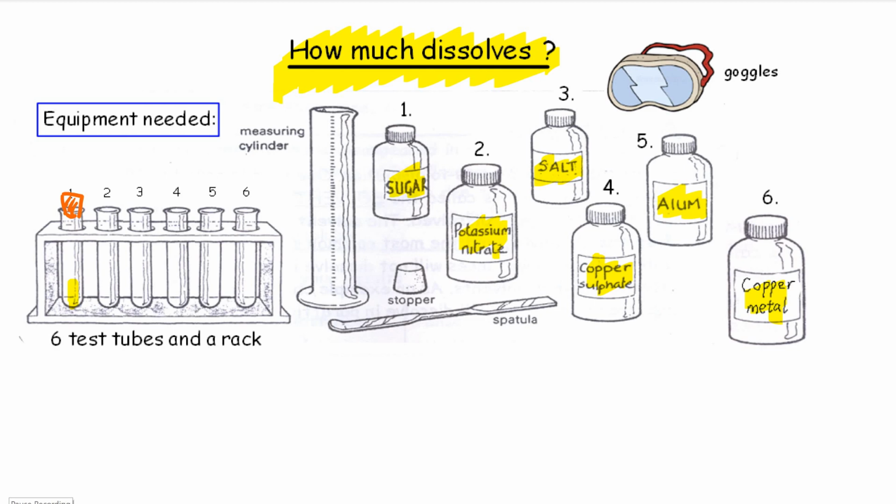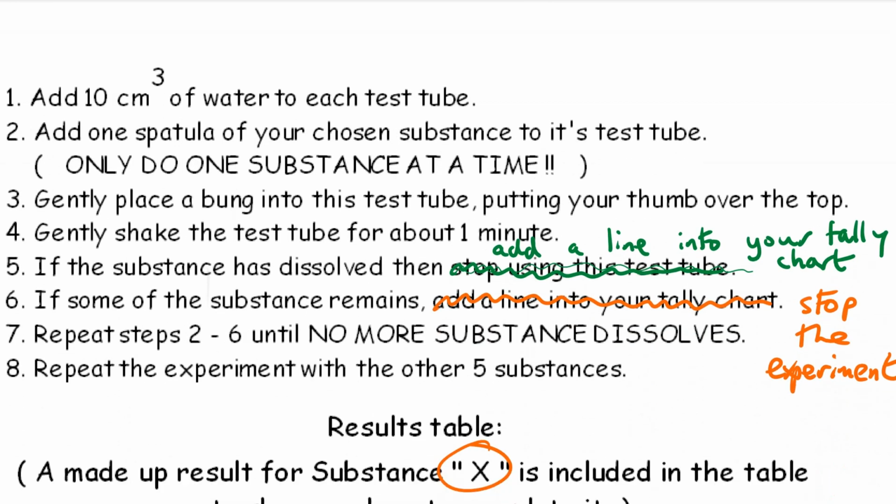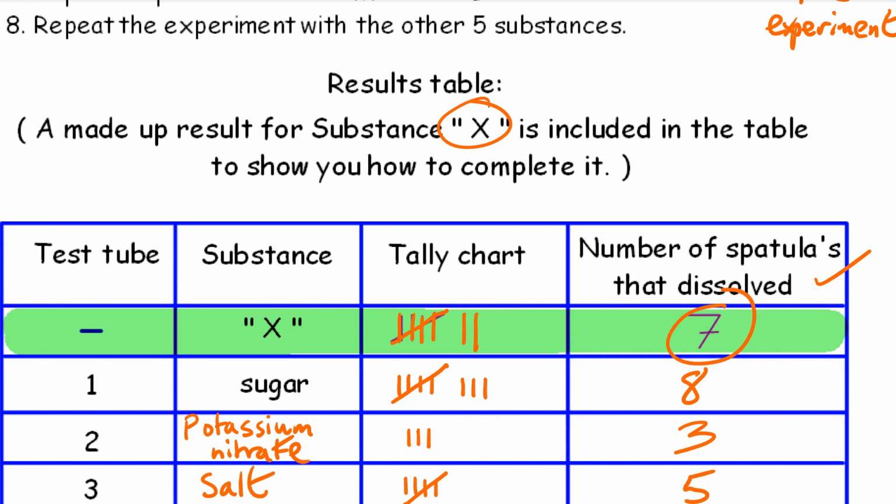And in actual fact, if we have a look at the results here, we found that sugar had the ability to dissolve 8 spatulas of sugar. So 8 spatulafuls of sugar managed to dissolve in 10 centimeters cubed of water.